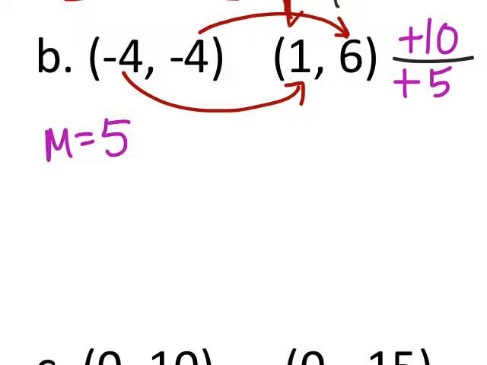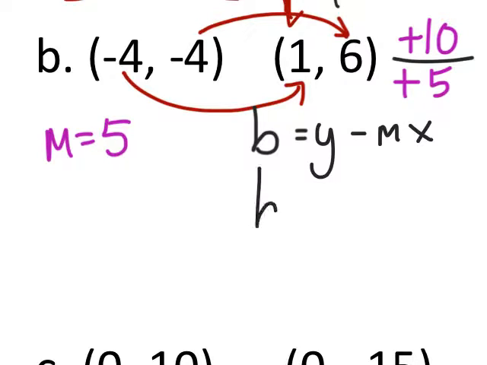The next thing I need to do is figure out my y-intercept. There's a couple ways that we can do this. One of the ways is to use point-slope form, because we have 2 points and the slope. Or you could use this formula for finding the y-intercept. B equals the y value minus the slope times the x value.